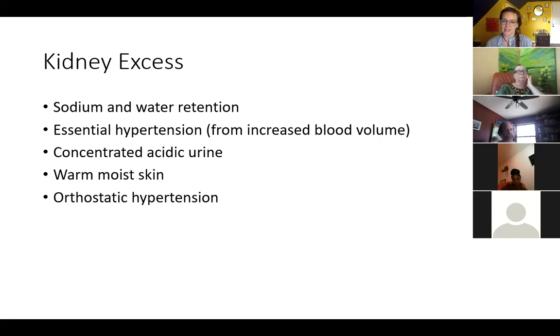I think that's really interesting. That can happen in both the deficiency and the excess in this case, because it just means that things aren't in balance, and the massive shifts your body has to make when things are that out of balance can cause those effects.